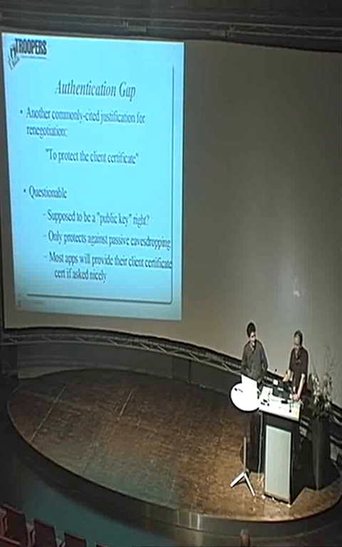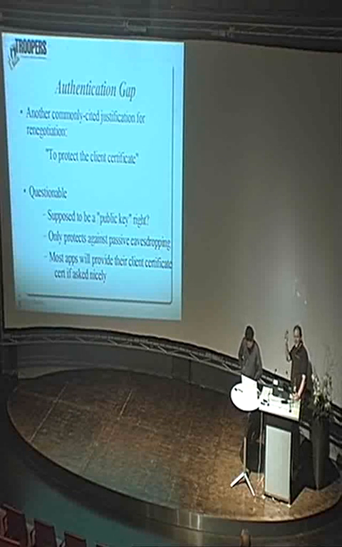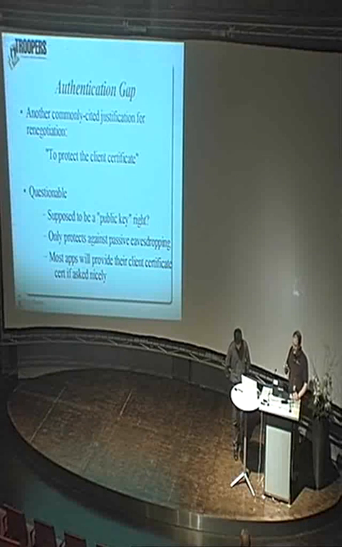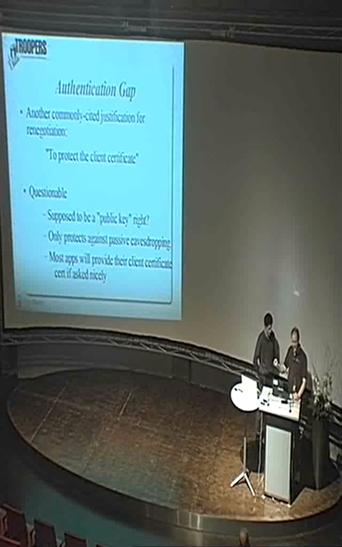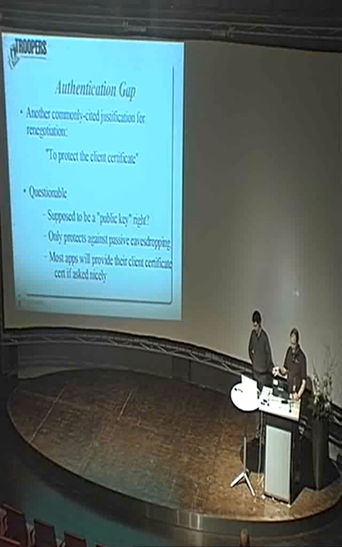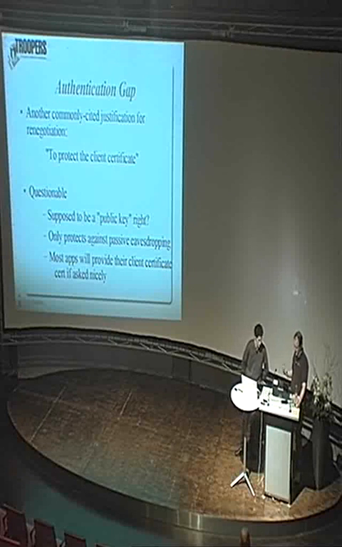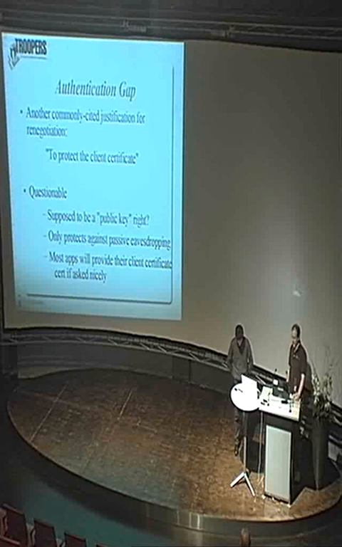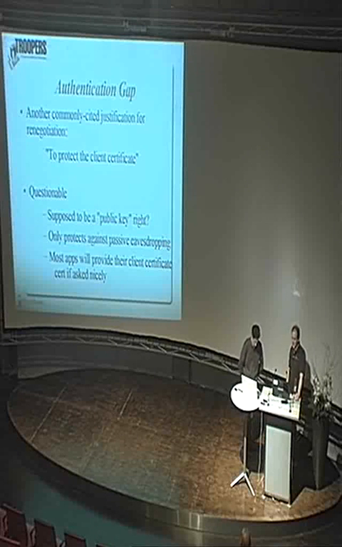And then there's this other justification that people give, which is to protect the client certificate, because if you get the client certificate in a renegotiation, it is encrypted, and so you're not going to see it in a plain Wireshark capture. To me, this is a questionable justification. A certificate's supposed to be a public key, right, which means you're supposed to publish it.